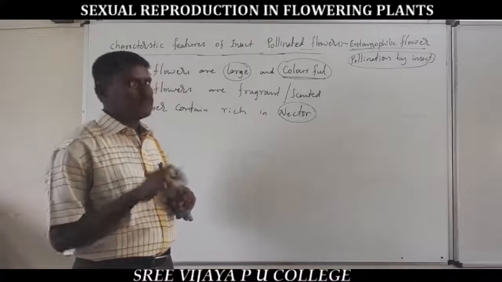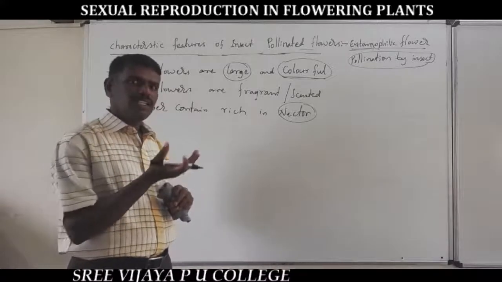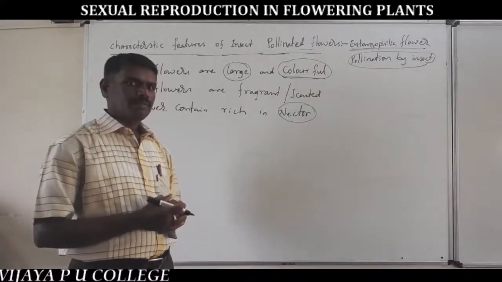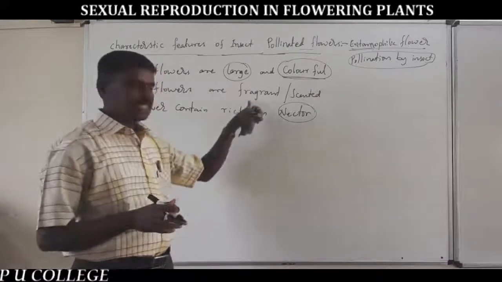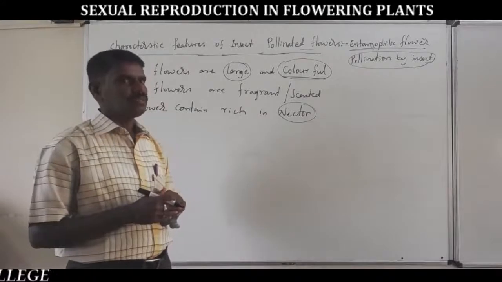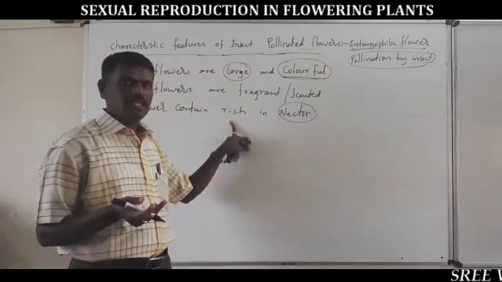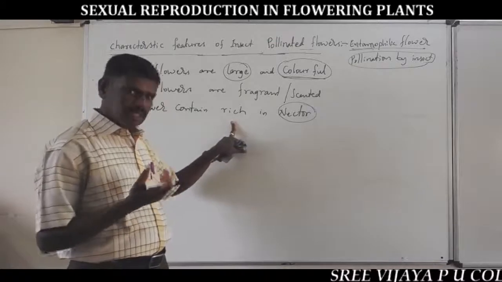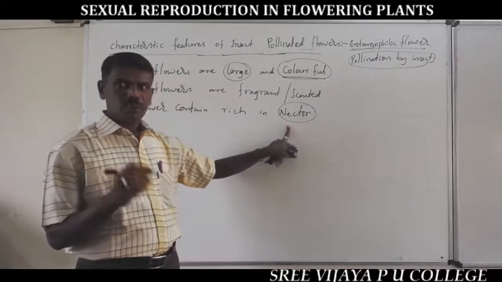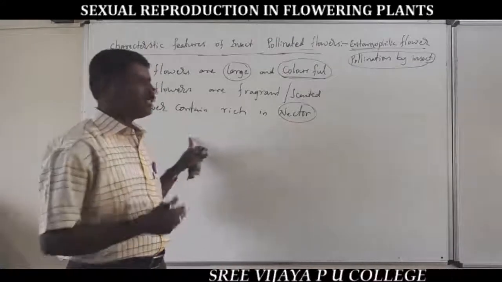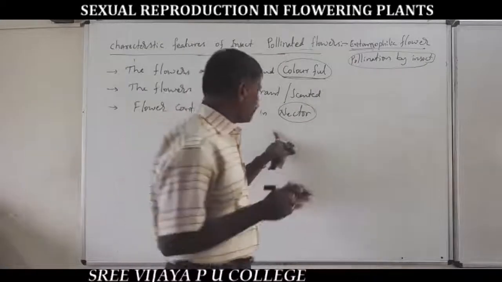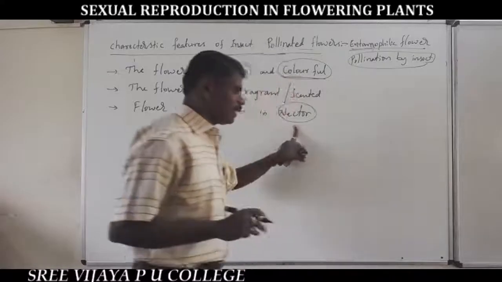The insect is easily attracted by the colors and also by the fragrance, and then it automatically sucks the nectar due to the presence of nectar in that flower. So the flowers are very rich in nectar content.